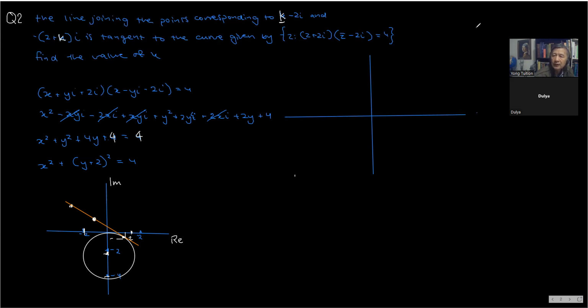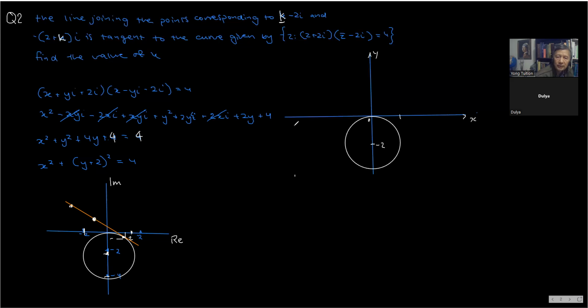Can you see? So let's just do this one. So we know there's a circle here. We know there's a circle down there. And we know this coordinate, this is a -2. I use y now, can you see? I use a real number. I just forget about that there's a complex plane.